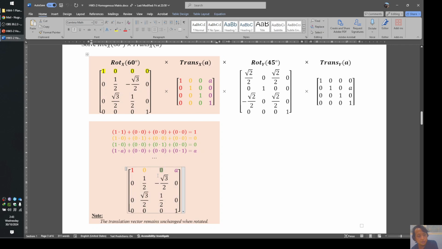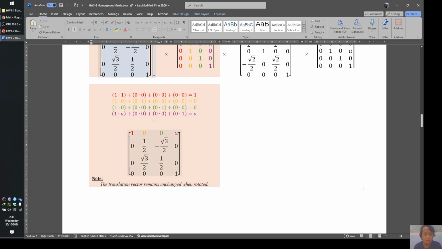We put it here. For the last row of the result matrix for step 1, we get 0 times 0, 0 times 0, 0 times 1, and the result is a. We put a in here, and so on. After multiplication, we have this matrix from step 1.